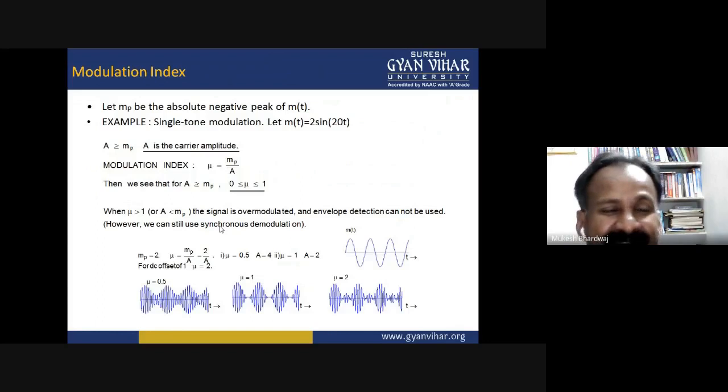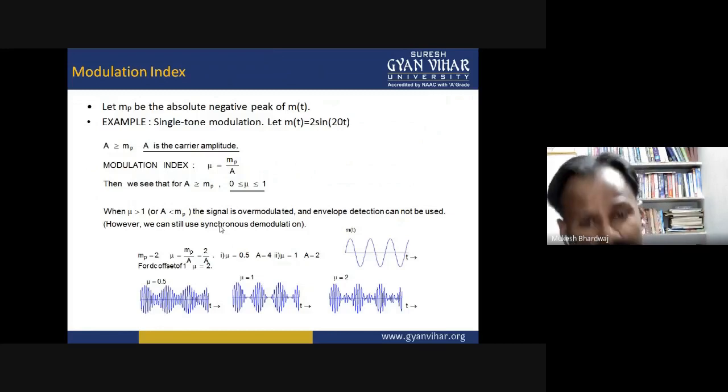So A is greater than or equal to m_p, where A is the carrier amplitude. Modulation index is given by mu equals m_p by A. Then for A greater than or equal to m_p, the modulation index lies between 0 and 1. When mu is greater than 1, the signal is overmodulated and envelope detection cannot be used. However, we can still use synchronized demodulation.